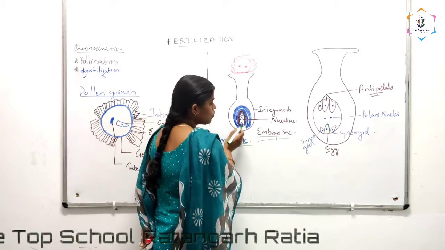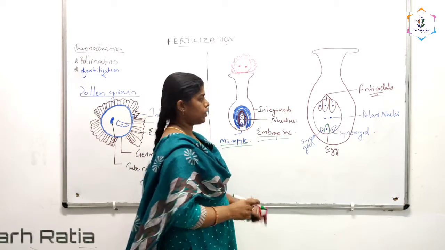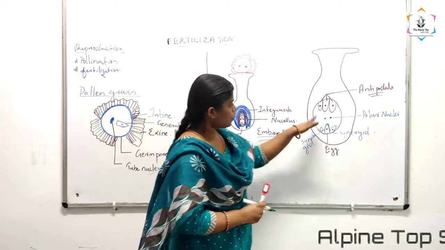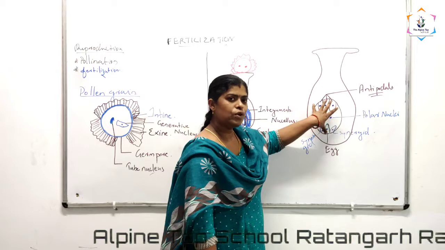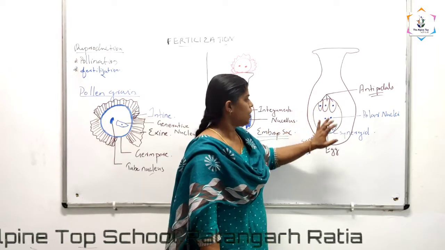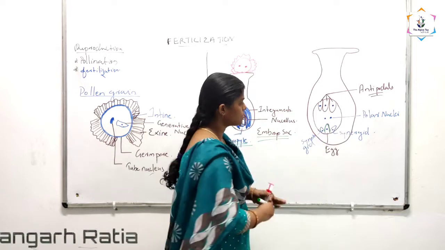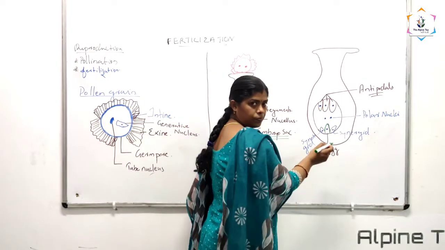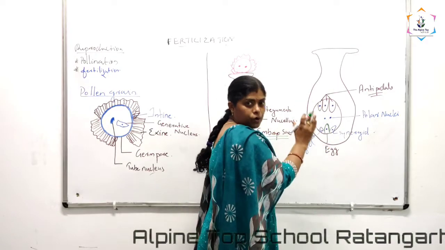Okay, in the ovary there is an opening to the ovule without integument. That is known as what? Micropyle. Okay, and you can see that at the micropylar end, means this ovule is where? Within the ovary, and within the ovary, the ovule, at the micropylar end, you can see 3 cells are here. Okay, 3 cells are here. What is this? This is the structure of the embryo sac.